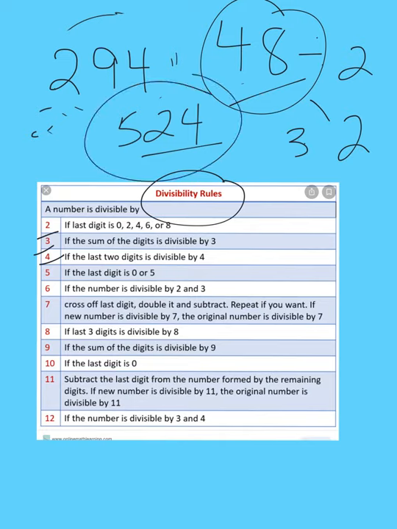So we know that 524 can be divided by 4, which also means that 4 is a factor of 524.